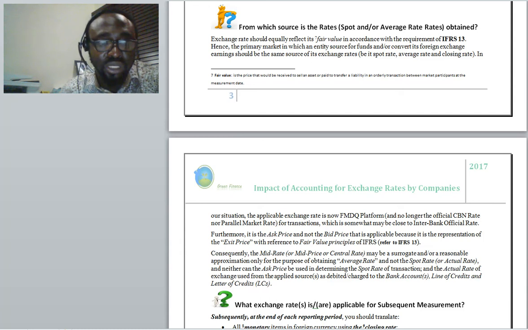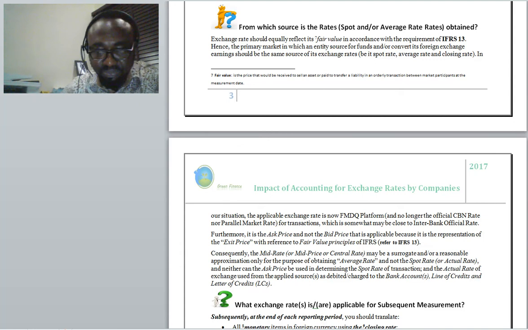It's based on the actual rate to which you are being charged that you are going to use as opposed to the spot rate. Which means actual rate is much more a reflection of the value to which you have to report in your financial statement.